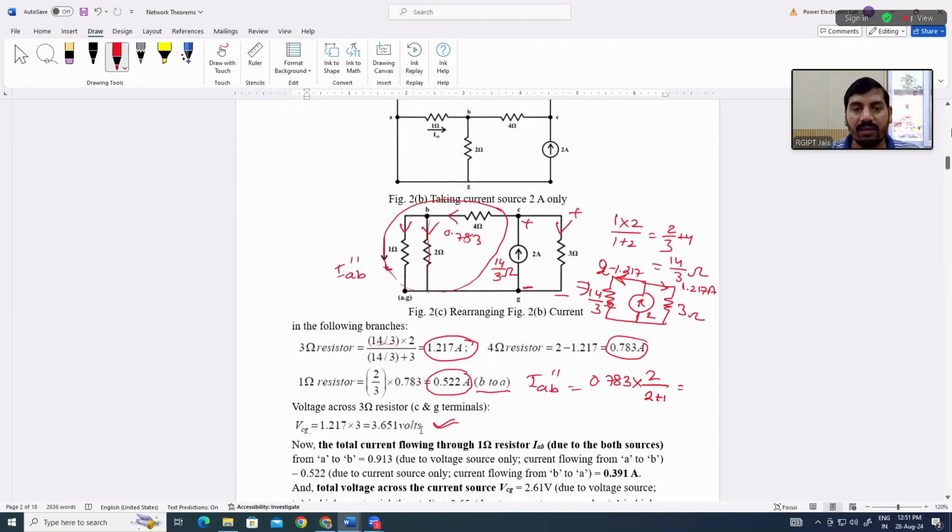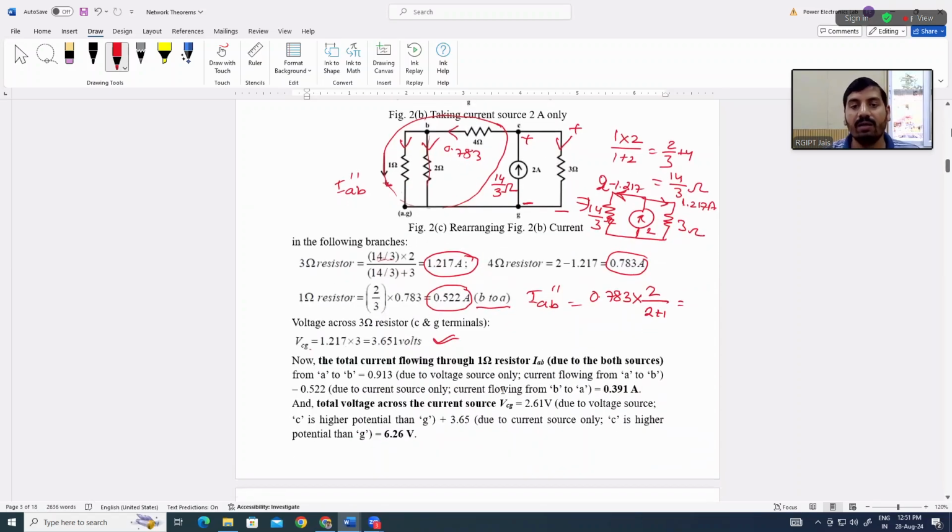Now in this case, you can see that the current flowing is coming from B to A. So the resultant current will be: A to B 0.913, from B to A it is 0.522.